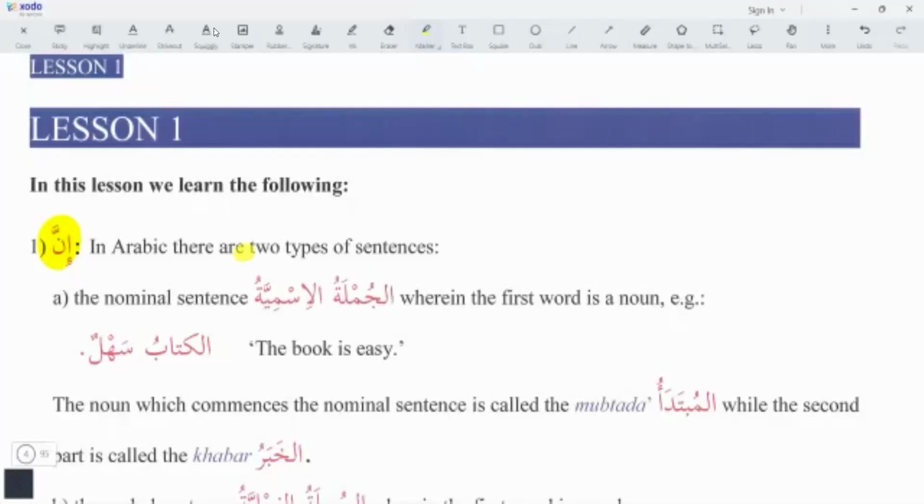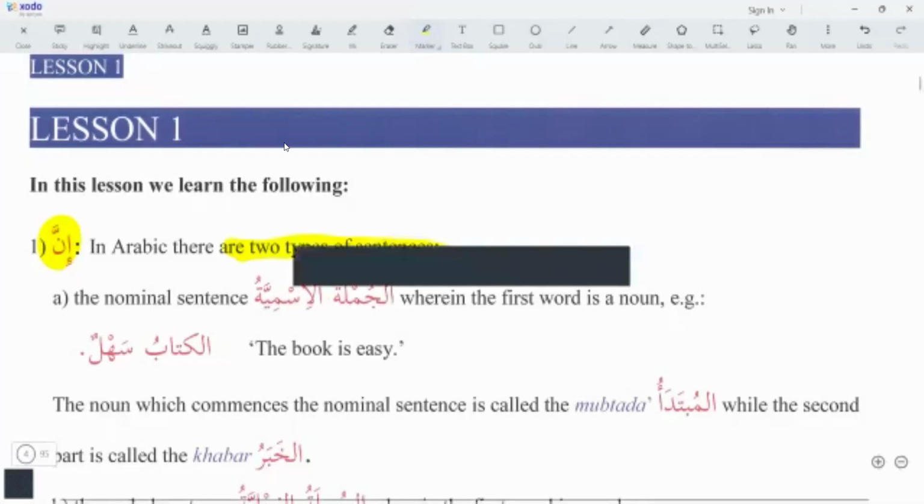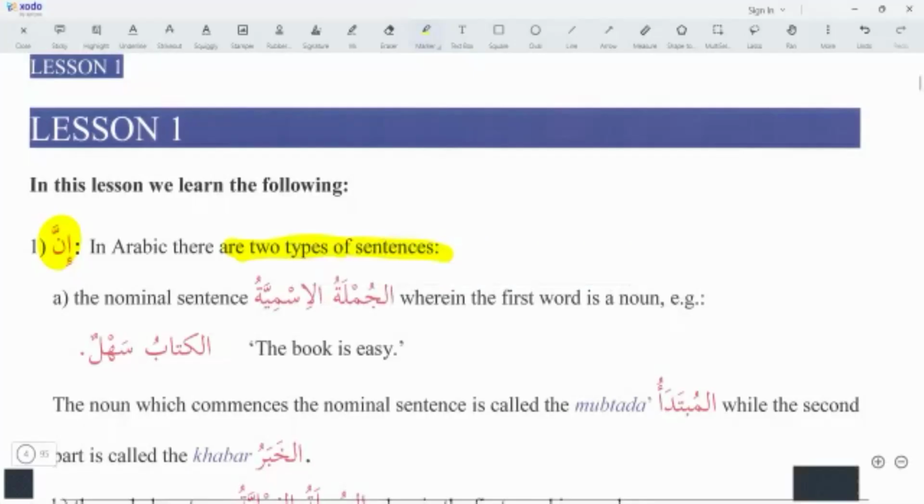In Arabic, there are two types of sentences. One, Jumlatul Ismiyah, and the second is Jumlatul Fi'liyah. What is the Jumlatul Ismiyah? The nominal sentence, al-jumlatul ismiyatu, wherein the first word is a noun. The first word of the sentence is a noun, an ism.